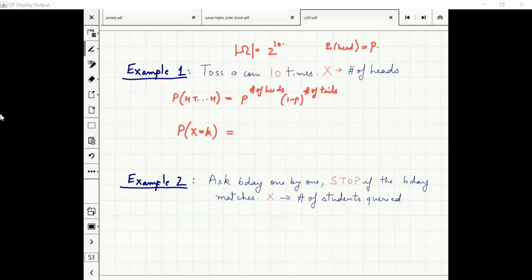And the probability would be the number of strings for which the number of heads is equal to k. What is that? That would be 10 choose k. Then 10 choose k into p to the power k into 1 minus p to the power 10 minus k. Very good. So this is the probability mass function for our random variable.